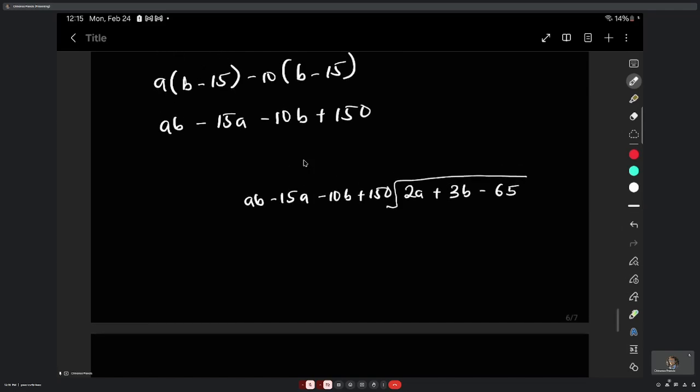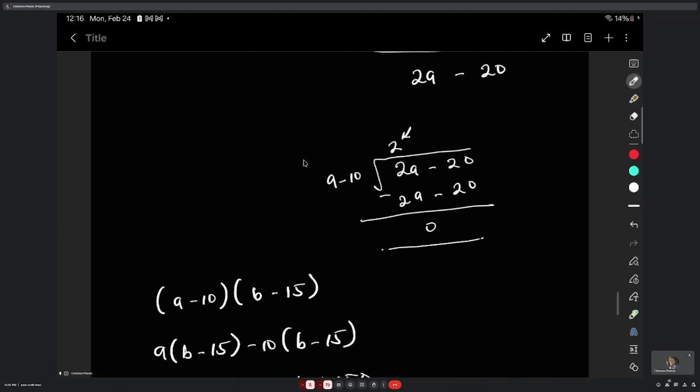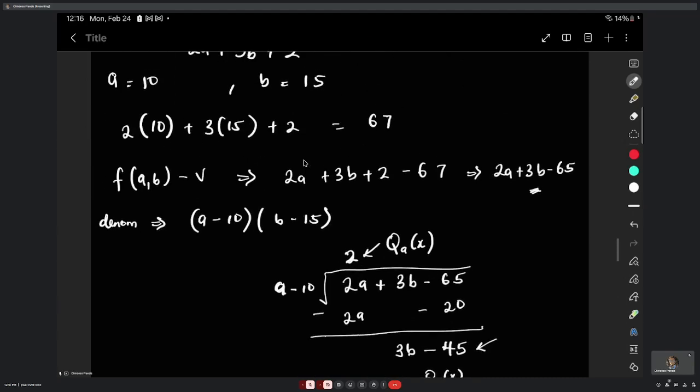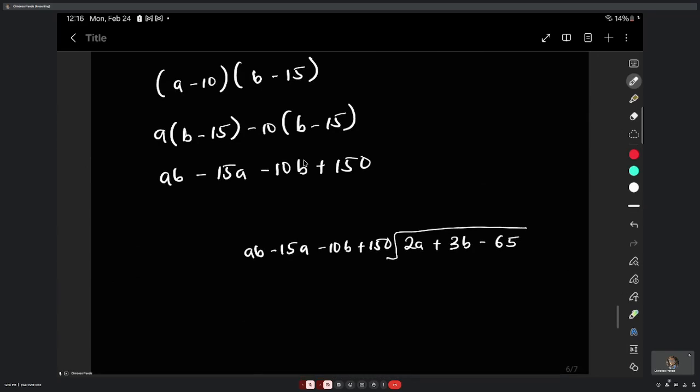But if you want to divide them one by one, that's pretty easy. It's almost as if we can write out A minus 10 and B minus 15.